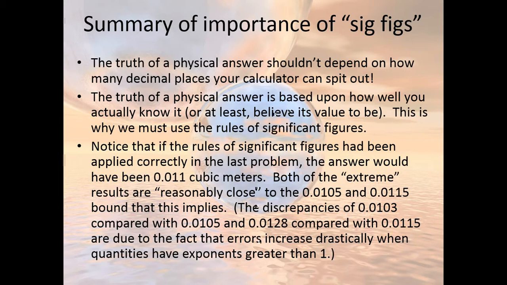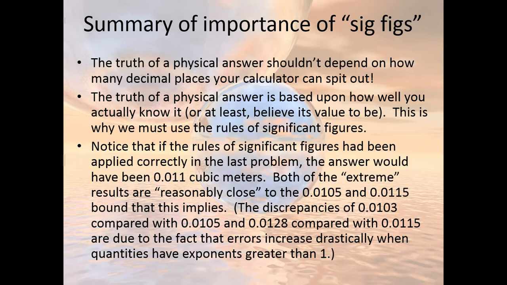So just a summary of what we've talked about in this lecture so far. The truth of a physical answer should not depend on how many decimal places your calculator can spit out. In other words, it should only be based upon how well you actually know the answer, or at least believe its value to be, based on the measurements that went into the calculation.